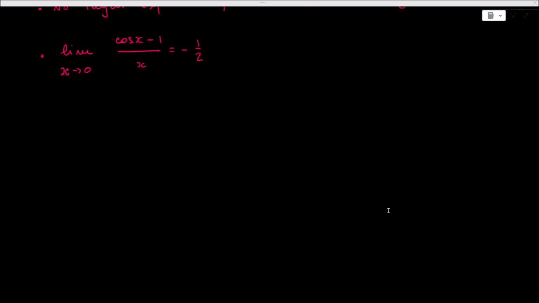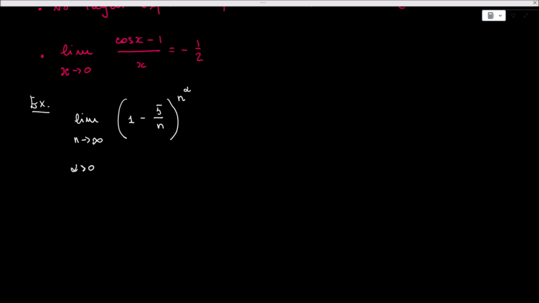Let's consider another sequence depending on a parameter. Let's evaluate the limit as n goes to infinity of 1 minus 5 over n, all raised to n raised to the alpha, for alpha some positive real number.